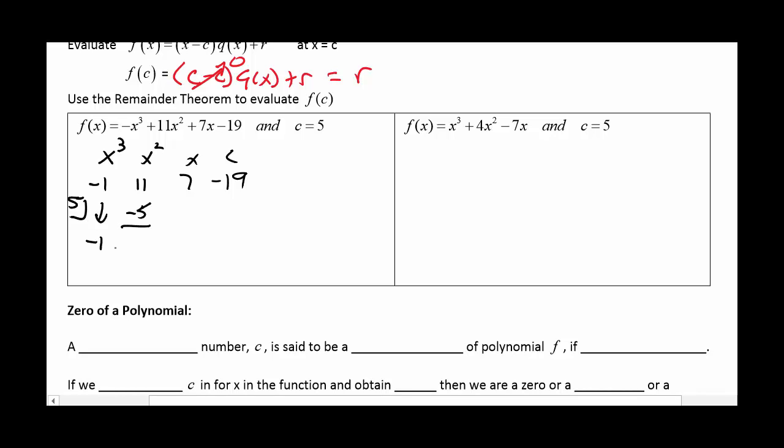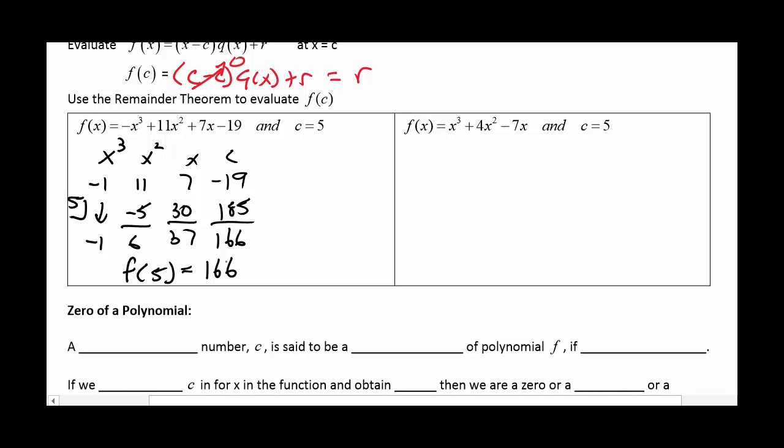Multiply, combine like terms, multiply, combine like terms. 150 plus 30, so 185. And we get 166. So the whole moral of the story here is f of 5 equals 166. Hopefully you feel like that's a little bit quicker than having to work it out by hand.